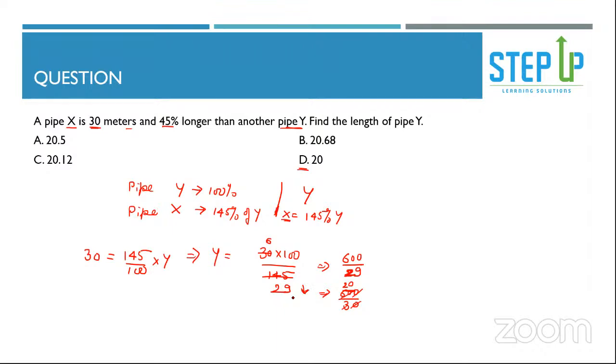So generally they don't give options so close. I don't know why in this one they have given. Use a calculator in case it is there. If a calculator is not allowed, they will not give you options so close. They will give you options nearby.